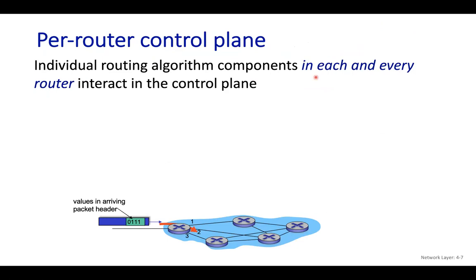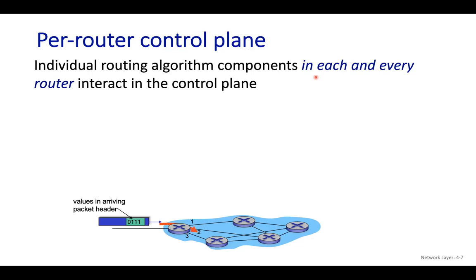Okay, let's continue. So per router control plane: individual routing algorithm components in each and every router interact with the control plane. So the idea is you have per router control based only on the values in the arriving packet header.